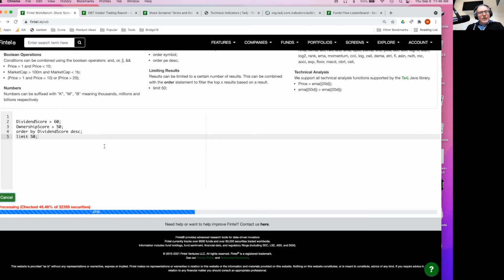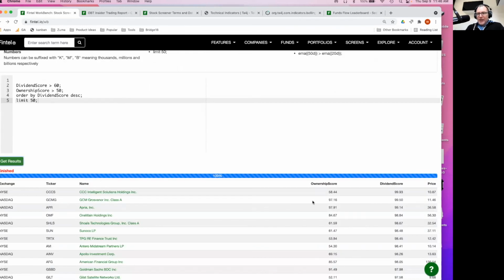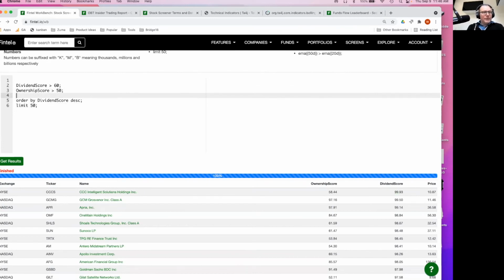The issue here is that there needs to be some way to combine these scores into a unified view. This tells me the ones that have the top dividend score, but not the ones that have the top ownership score. One with a high dividend score might not have a very good ownership score. So how do I do that? This is where it gets kind of magical.